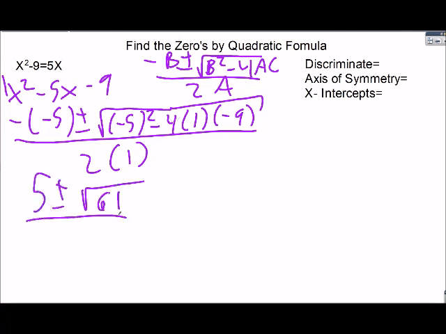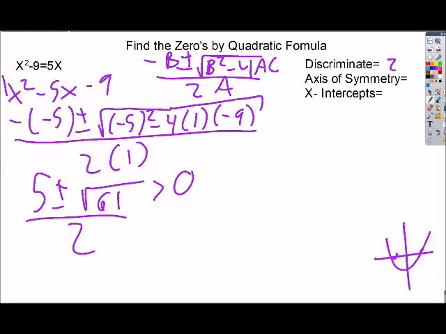And I get the square root of 61, which is bigger than 0, which means our discriminant is 2, or it's going to cross the x-axis twice. If it's equal to 0, it only crosses once, and if it's less than 0, it doesn't cross at all.